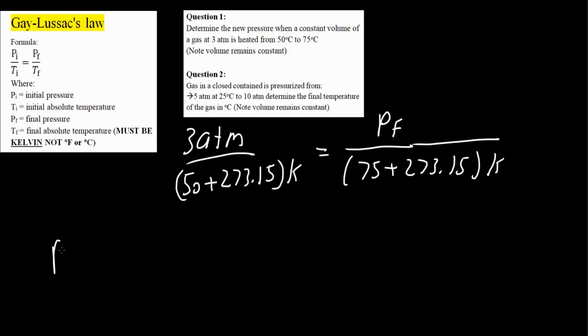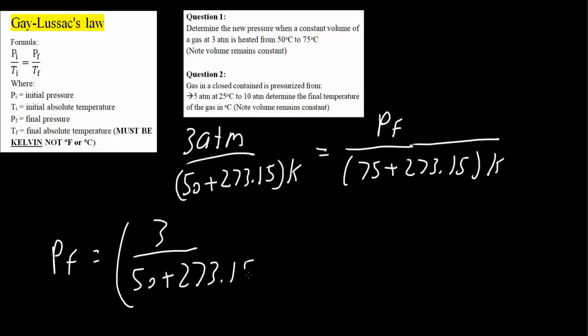And so now we can cross multiply and ultimately solve for PF. So PF is equal to this piece right here, 3 over our 50 plus 273.15, times this bottom part right here, 75 plus 273.15. And let's check our units.